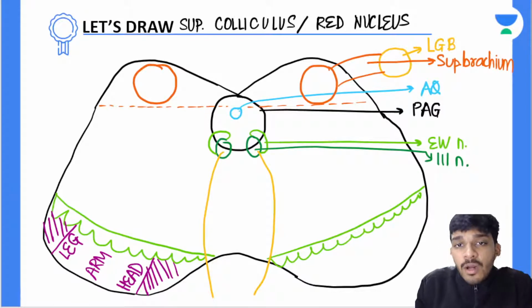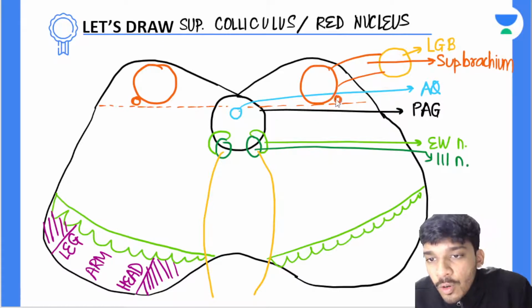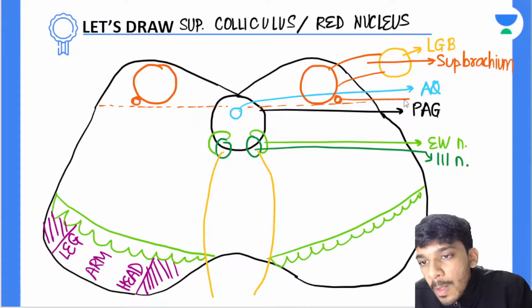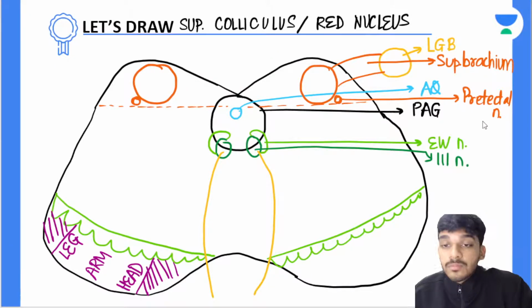In front of the superior colliculus, you have another nucleus here called the pretectal nucleus. If you want to draw, you can draw. Pretectal nucleus. Okay. What is the function of pretectal nucleus?